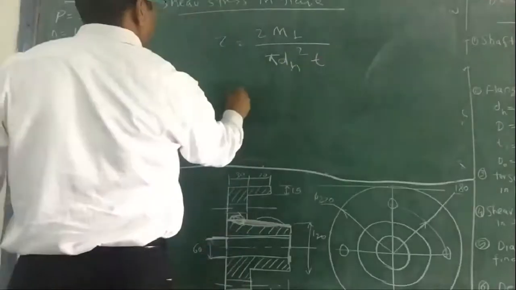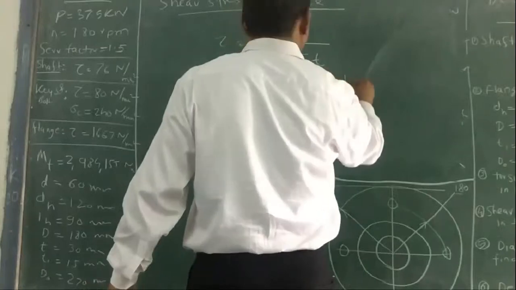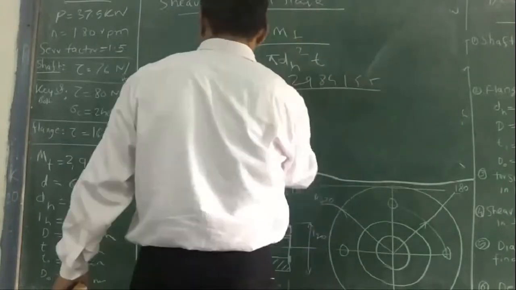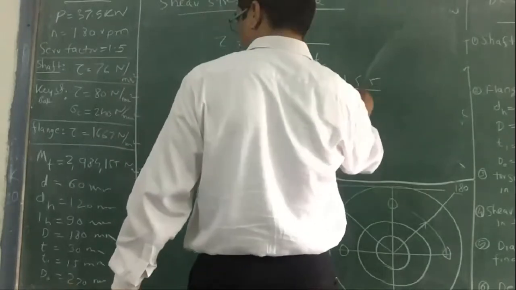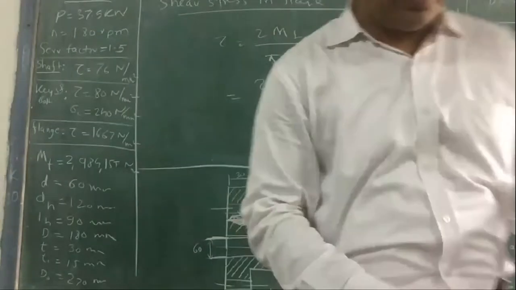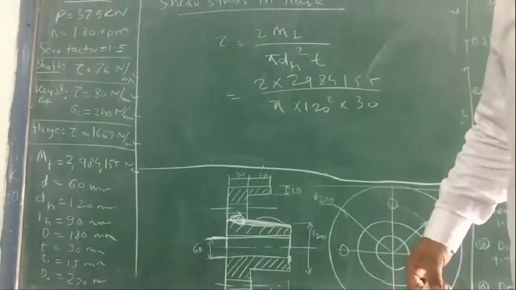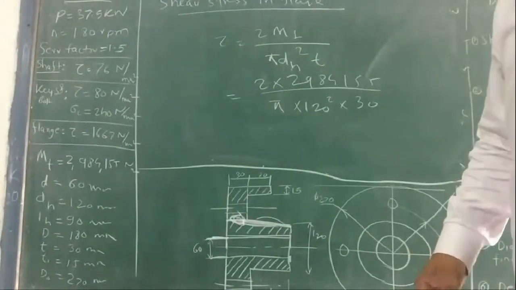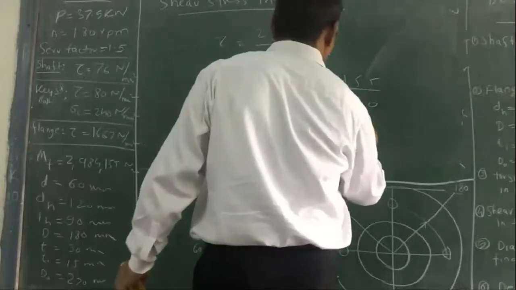We can find out tau. 2 into MT, 2084155, pi dh, I think we have got 120 square, into t we have got as 30. Let me just verify the numbers. Okay, fine. So we get 4.40 Newton per mm square.